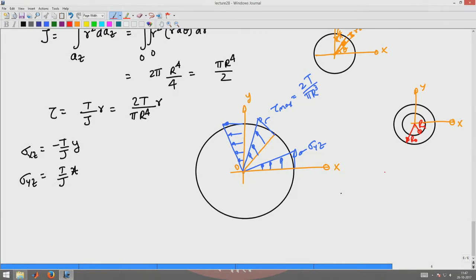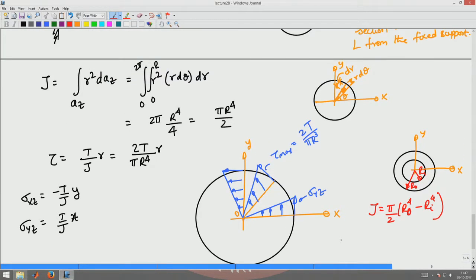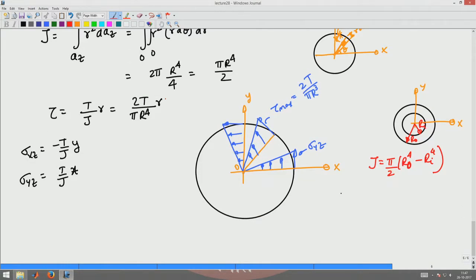Now all the things remain the same except that J becomes pi by 2 times R0 power 4 minus Ri power 4. The integration is the same except that the limits for r become Ri to R0 instead of 0 to r. Hence you get J to be different, and all the other arguments remain the same.